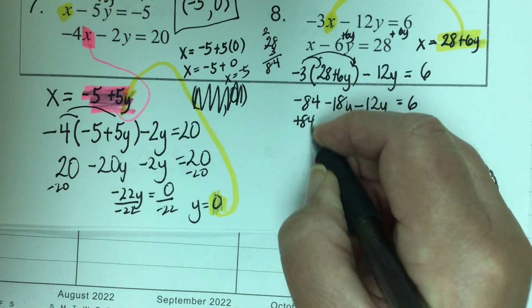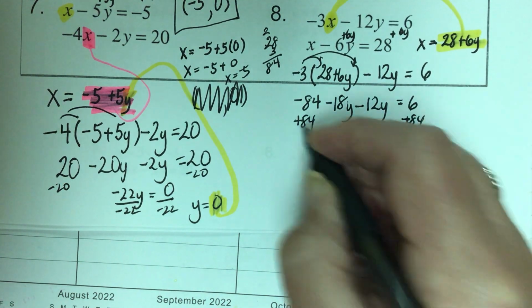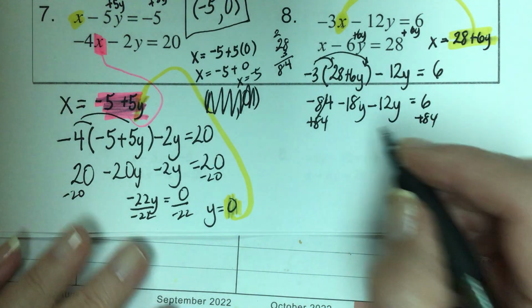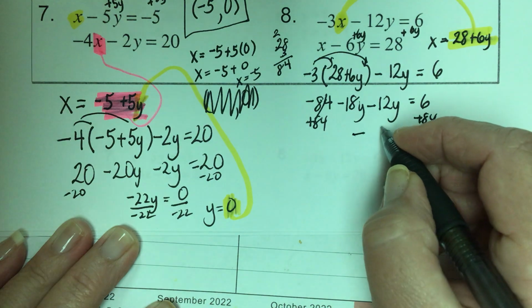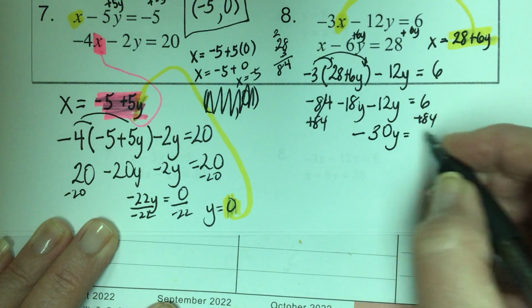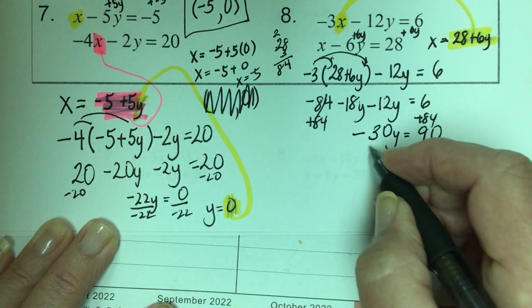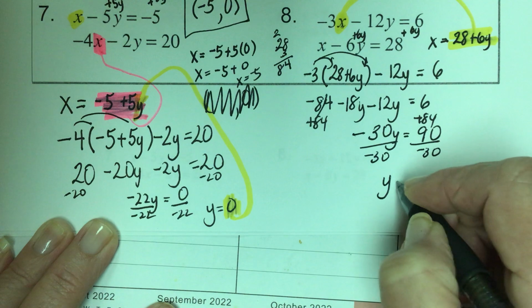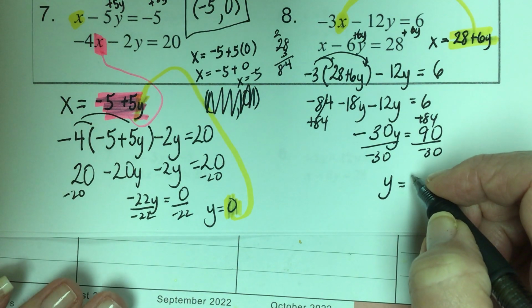Add 84 to the other side. At the same time, combine like terms, so that's what? Negative 30. Divide by negative 30. Y is going to equal negative 3.